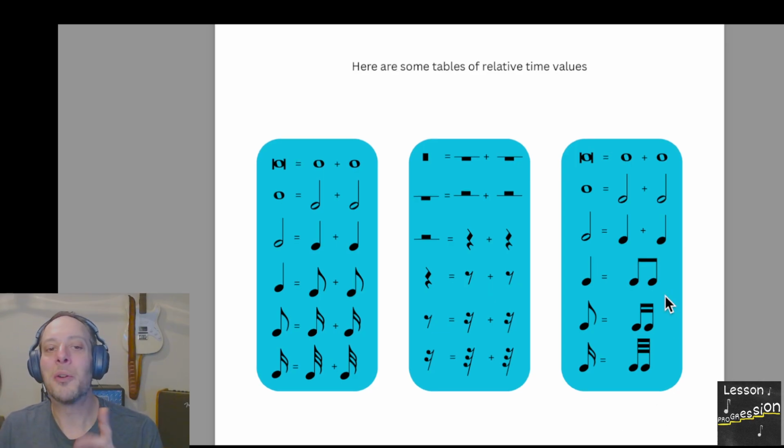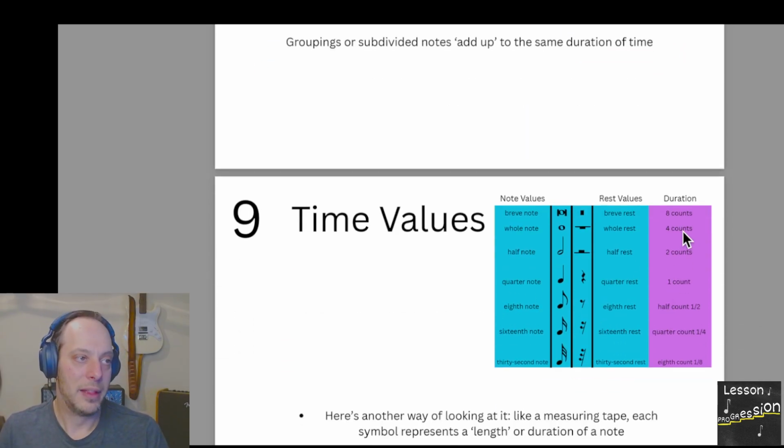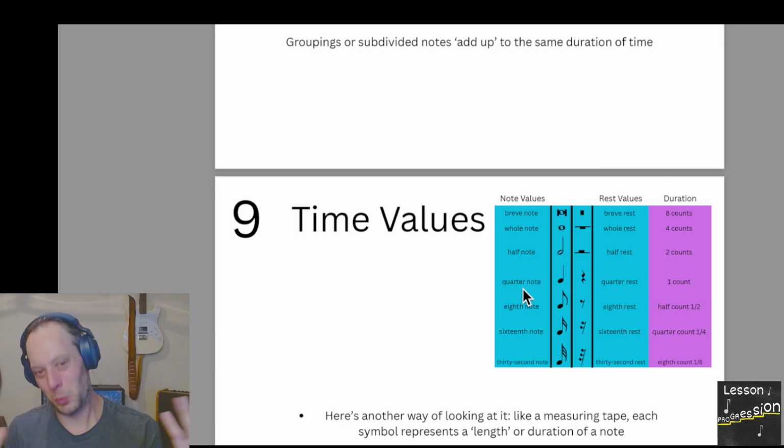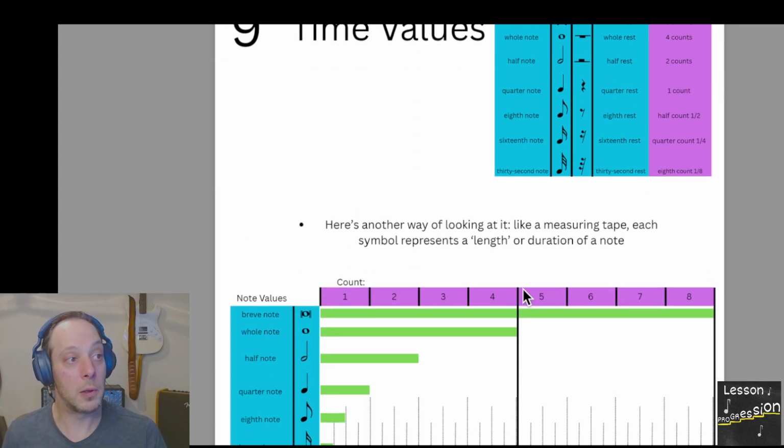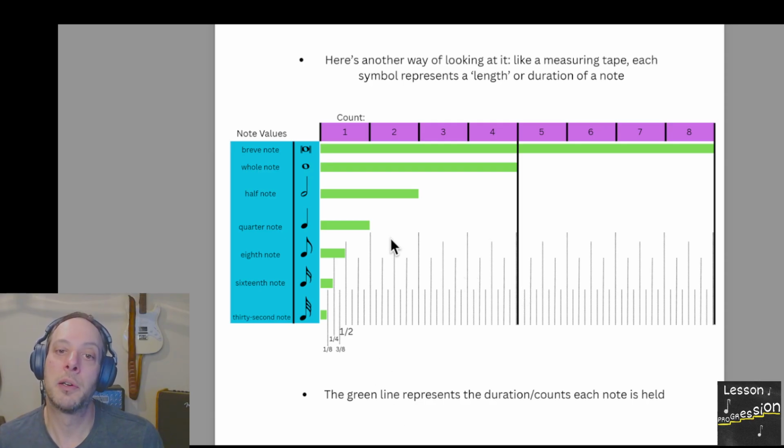There's one other really cool way that I like to look at this. This chart is just a chart. What does it really mean to me, right? Well, let's look at that chart as if it was a tape measure. The green line is going to represent the duration of our note.